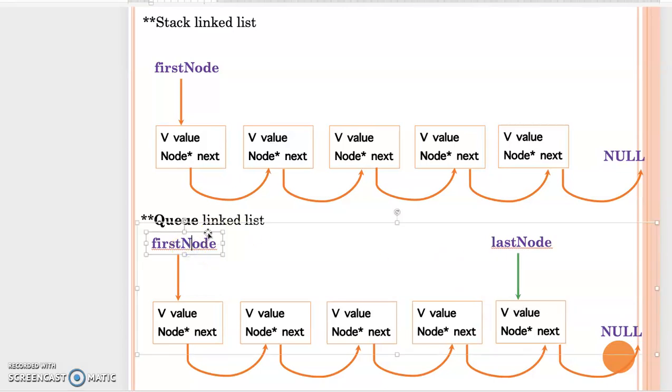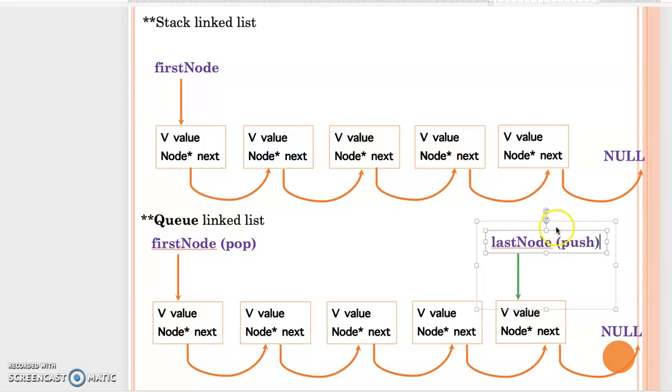The first node points to the earliest node we pushed, so here is where we will pop from, because that's really the oldest node. The last node points to the newest node you just added in, so that's where we should push from.